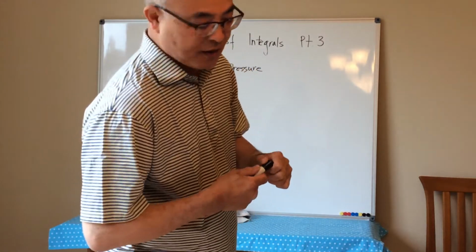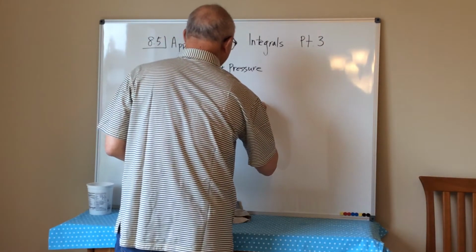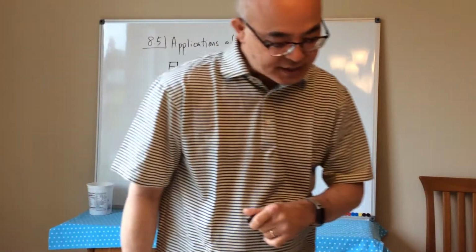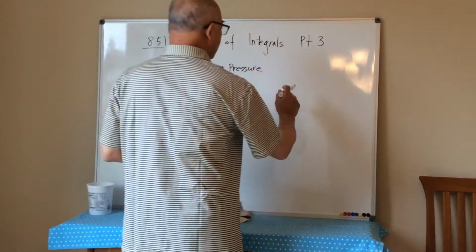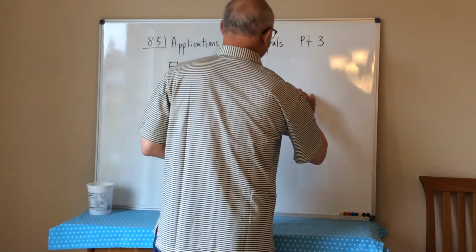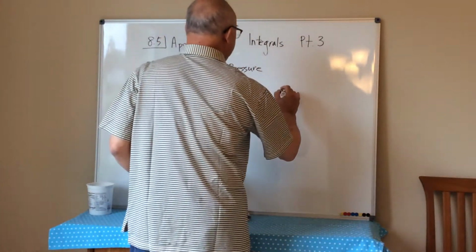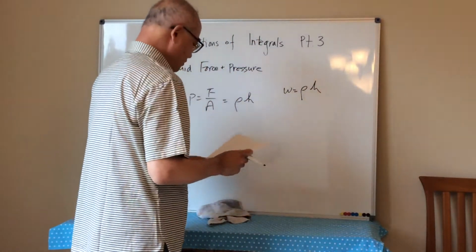So this is going to be equal to rho h, where rho was the weight density that we've done before, right? So the weight density is equal to rho, okay?